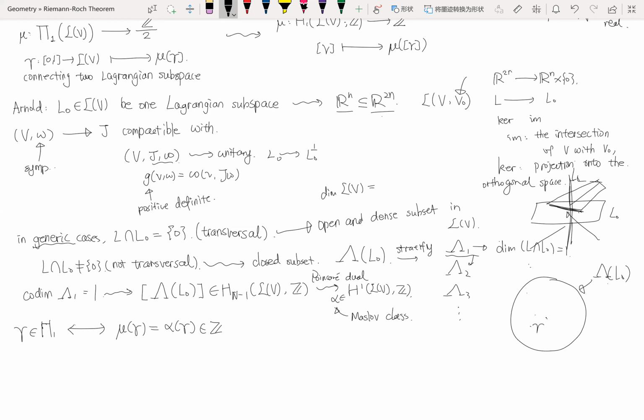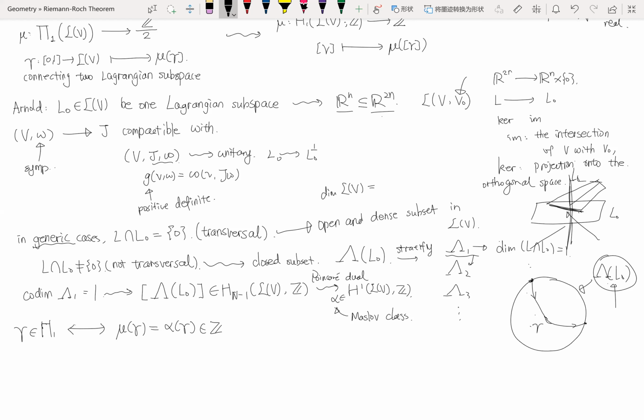Any curve gamma will go through it, so we have intersection points of the curve with the space of non-transversal Lagrangian spaces to L0.